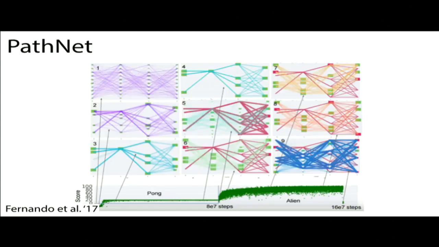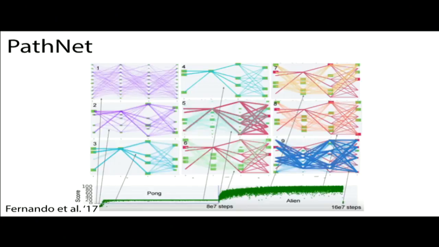What this looks like visually is, starting at the top left, they randomly initialize a population of paths. Then, going downward, they start on learning Pong. It learns a path for Pong, which is shown in light blue at number 4.